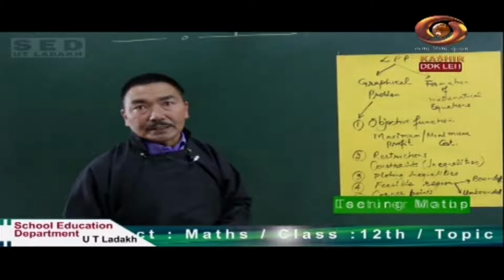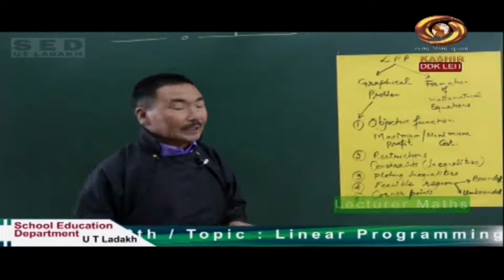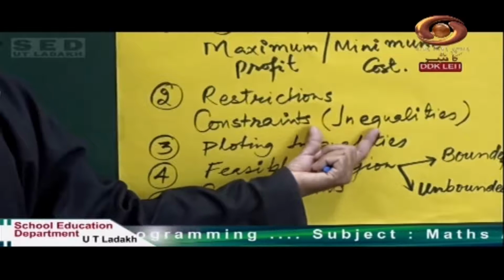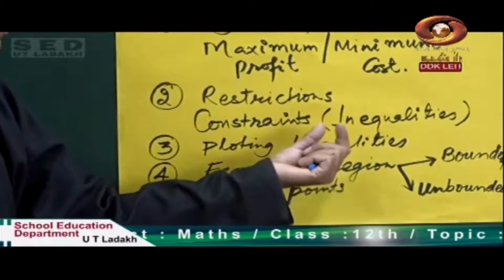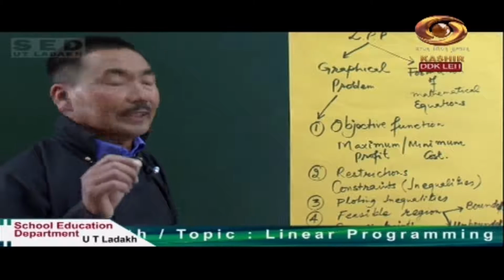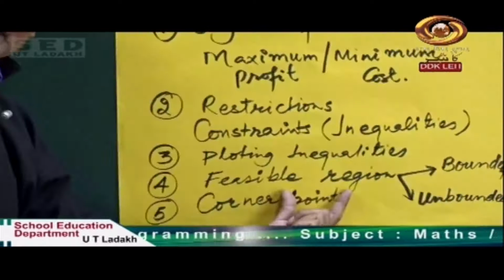Feasible region is known as the common shaded region or common solution region. The solution region we studied yesterday. I hope most of you have understood it properly. If you have not, while solving the questions I will try to explain it again and again.